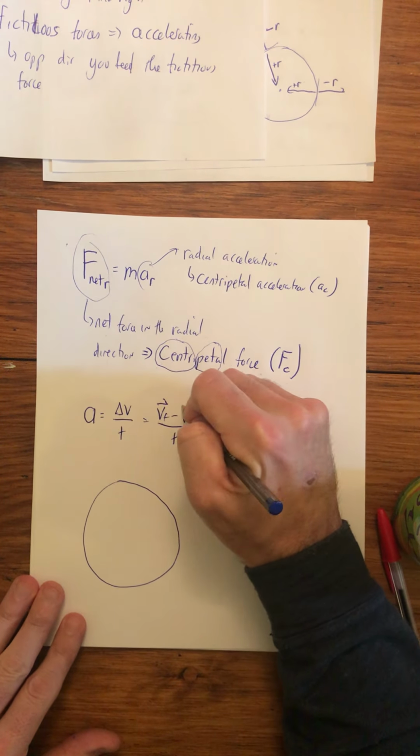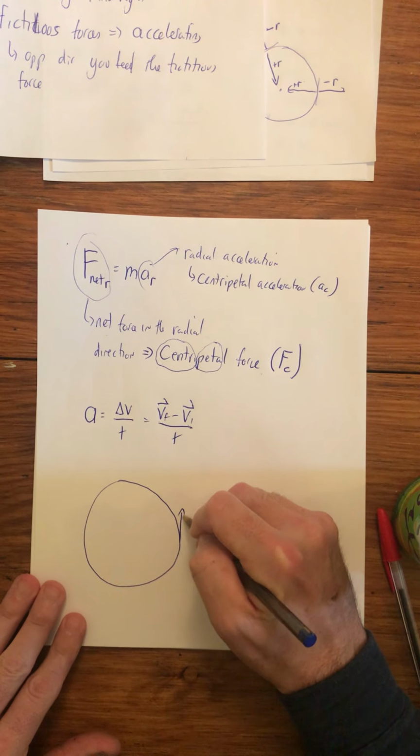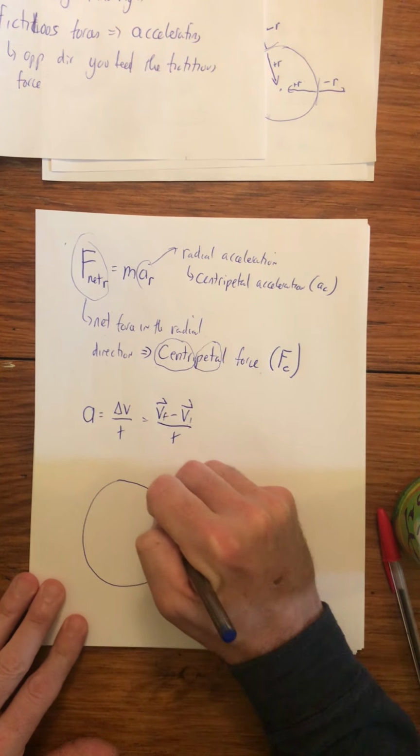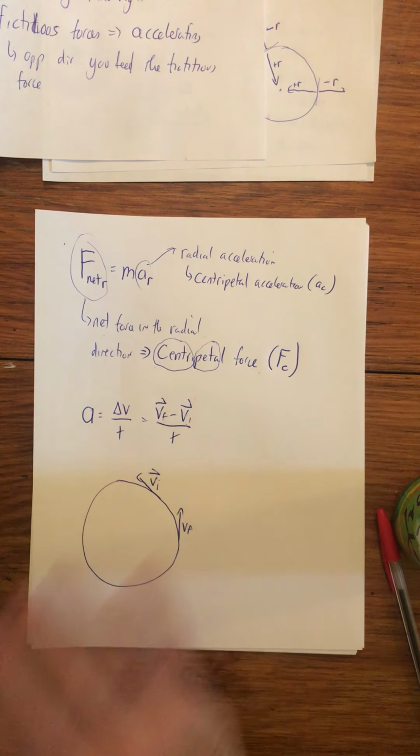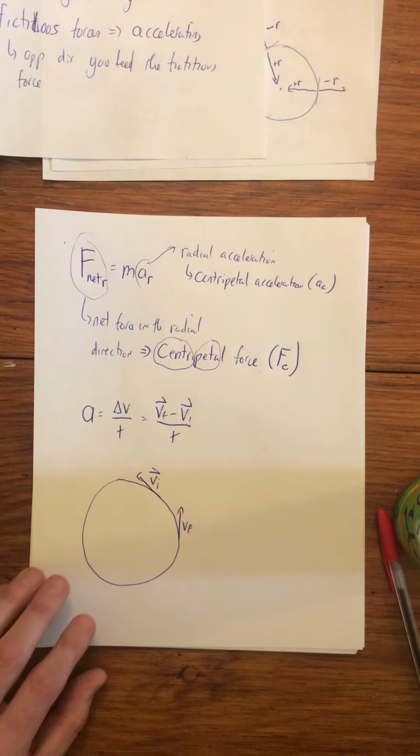But remember, velocity is a vector, and then I would have to do this weird vector subtraction between these two things in order to find that. That's not a very helpful way of doing it.